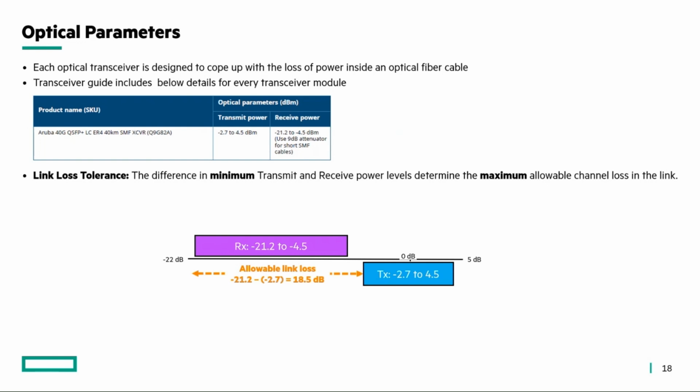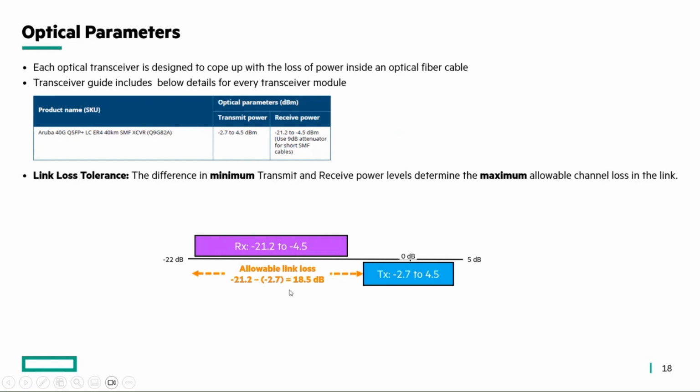Numerically, it is calculated as the difference between the minimum transmit and receive power levels. Here I took an example of our 40 gig ER4 transceiver with receiving power in this range and transmitting power in this range. To calculate your allowable link loss, you just have to subtract your minimum receive power from your minimum transmit power, and you'll get this value.